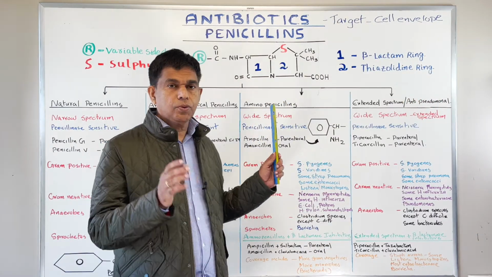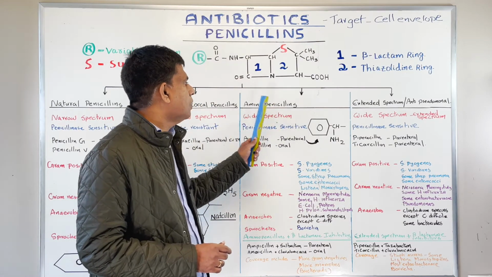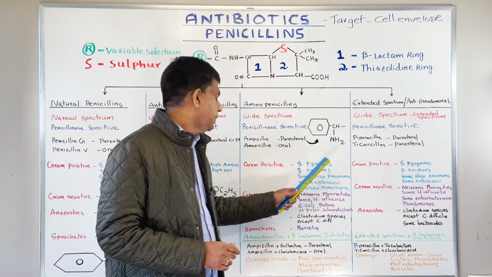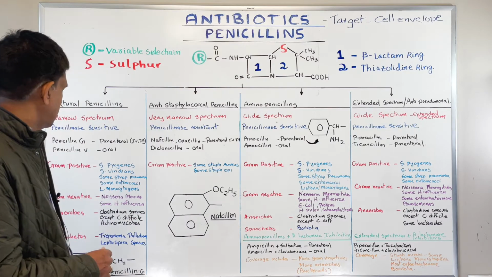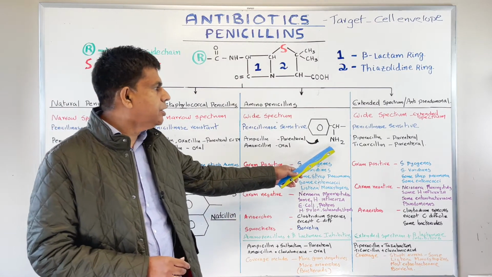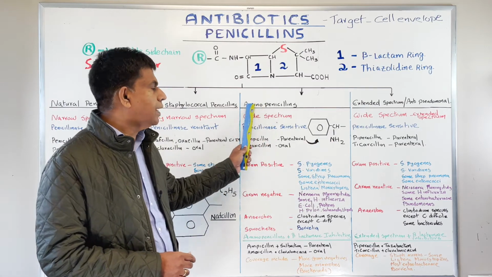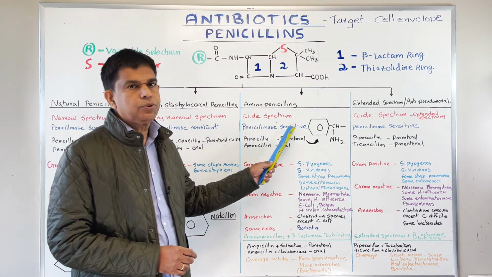So the next main group we're talking about is the aminopenicillins. Remember the word amino. It has an extra amino group compared to the natural penicillin structure. We have an amino group attached to the side chain. That is why they call it aminopenicillin. And remember the words wide spectrum.